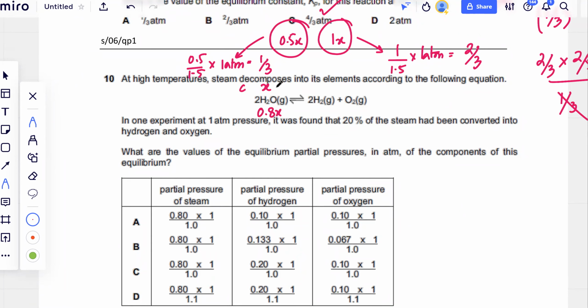That means 0.2x is taking part in the reaction. On the other side, they're going to produce 2:2, so that's going to be 0.2 as well, and this over here would be 0.1 according to the ratio. Is that clear? Yes, sir.